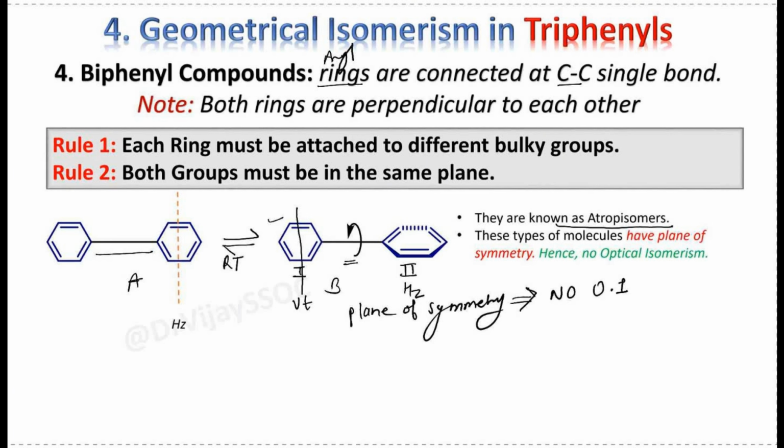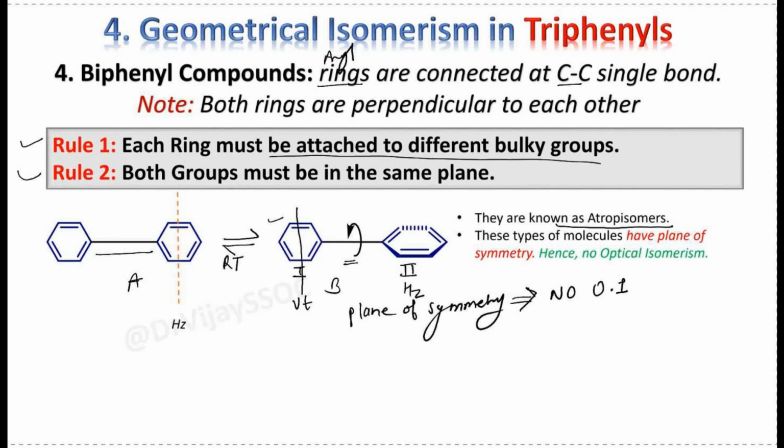To see the geometrical isomerism, the systems must follow two rules. Rule number 1, each ring must be attached to two different bulky groups. Rule number 2, both groups must be in the same plane. If you remember, these rules are the same as those we learned for alkenes, cumulated dienes, and spiro compounds.